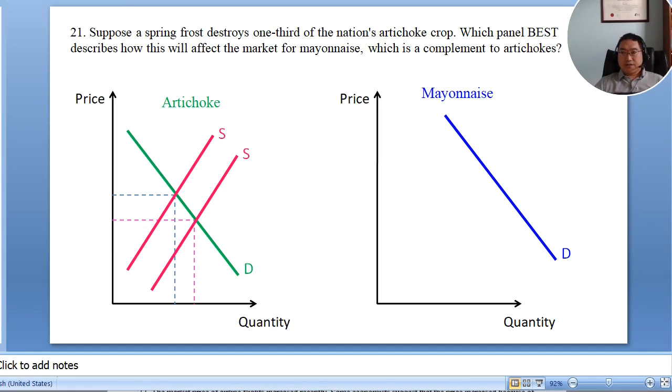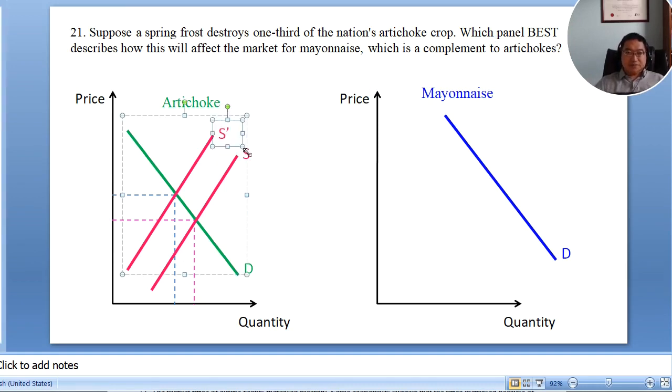What we have is a lower equilibrium quantity for the artichoke market and a higher equilibrium price in the artichoke market. So people in this case have to eat less artichoke. There's not much supply there.